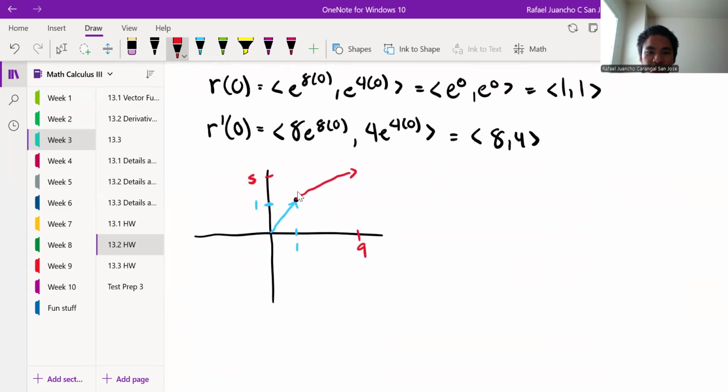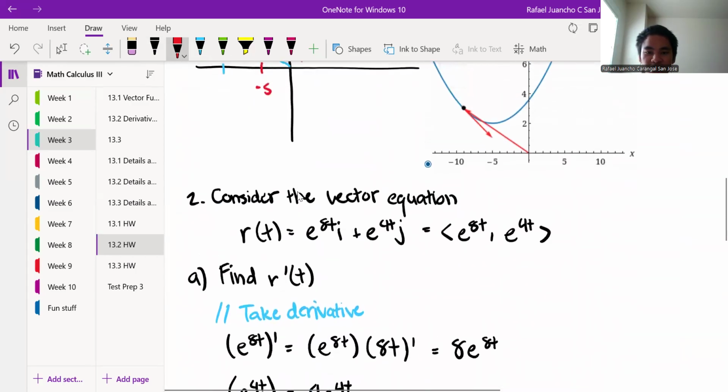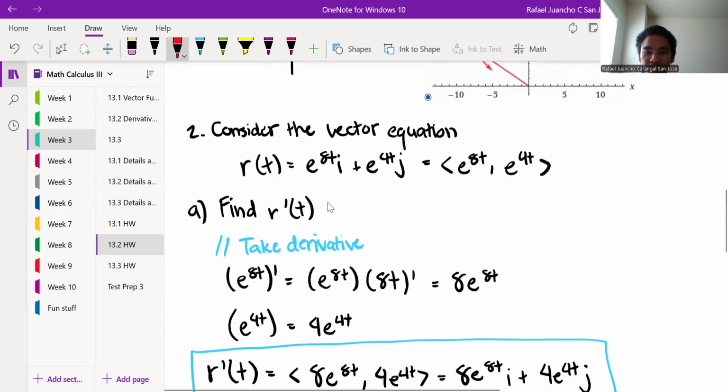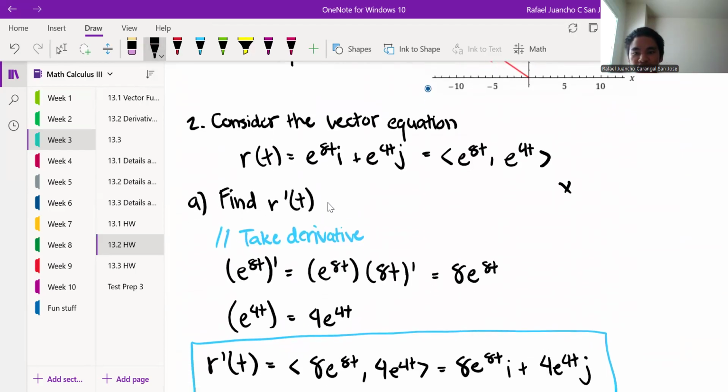Now, finding the actual curve itself, well, we could parameterize this again. We could say x is 8 e to the 8t, y is e to the 4t. I could isolate x in terms of t. How would I do that? Well, I would use a natural log to cancel that e.